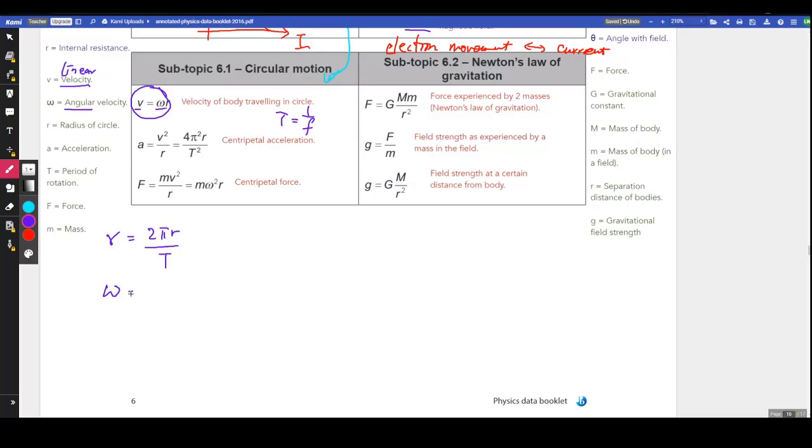While for omega, sorry I didn't write very well, this is V, not R. For omega, it's going to be 2 pi only, because 2 pi in radian is one circle, 360 degrees. And if it's divided by t again, these two are the definitions of linear velocity and angular velocity. And if you put them together, then that's how you get this equation.